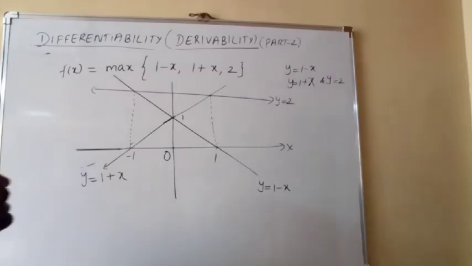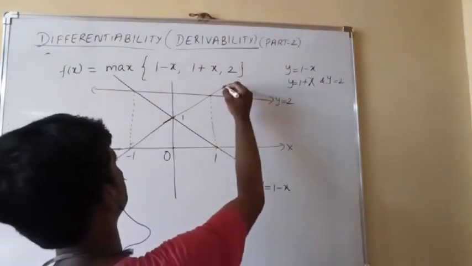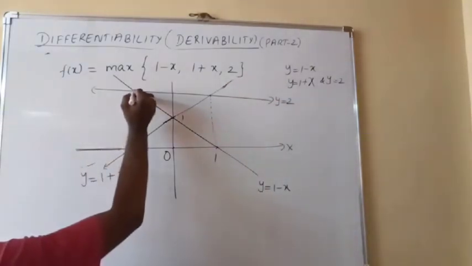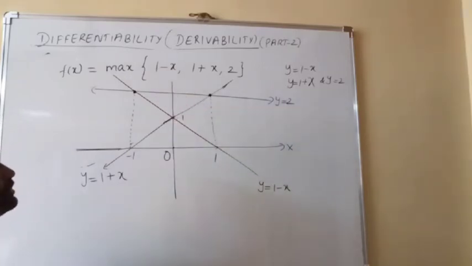So these are the graphs of the given three functions, and these are the points of intersection.